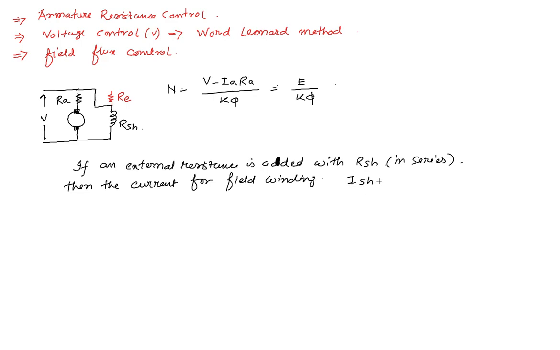ISH is equal to V by RSH plus RE. Previously ISH was V by RSH. Now it is V by RSH plus RE.